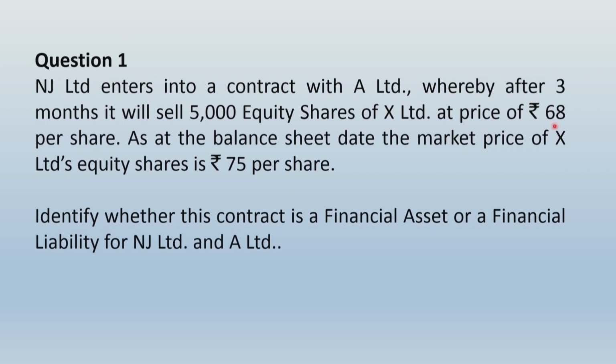Finally, what you would do is, the difference between 68 and 75 is rupees 7 per share multiplied by 5,000, that will be rupees 35,000. So NJ Limited will recognize a financial liability of rupees 35,000, whereas A Limited will recognize a financial asset of rupees 35,000. So let us see how to present the solution.